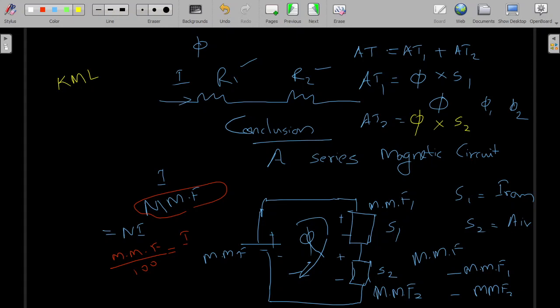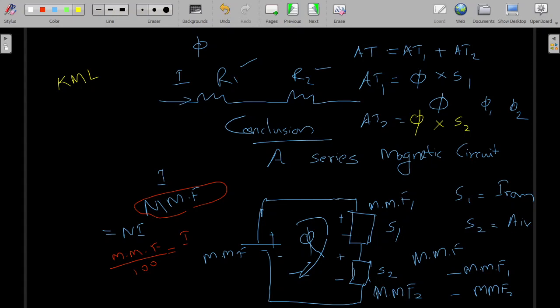When you are applying KML, what we have written is total mmf, magnetomotive force or ampere turns, will be equal to AT1 plus AT2. This AT1 is the ampere turns or mmf drop in the iron part, and AT2 is that in the air part.